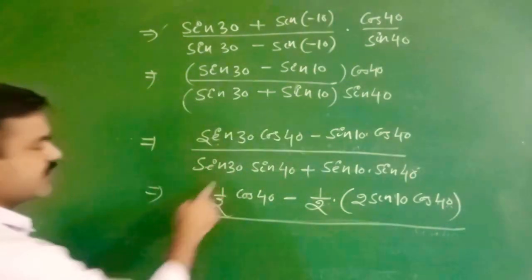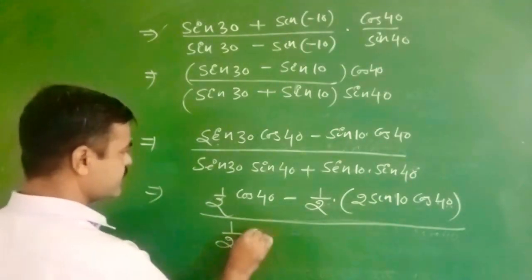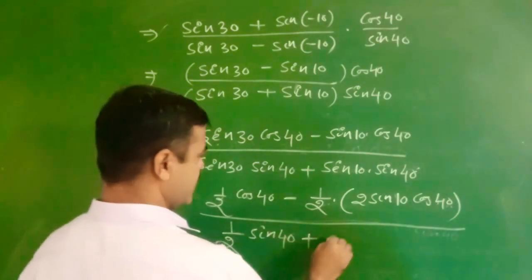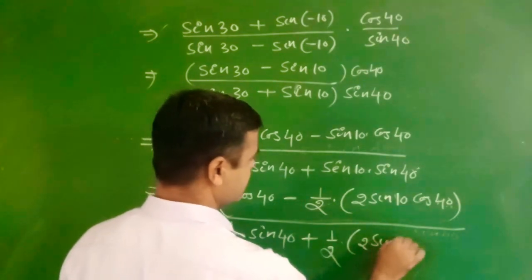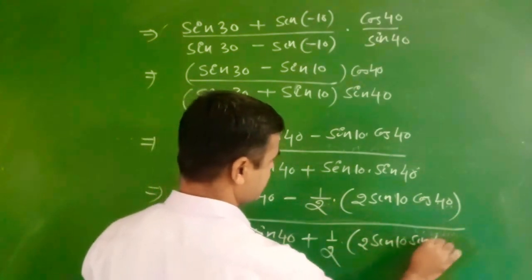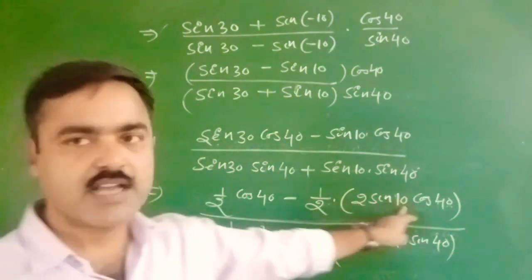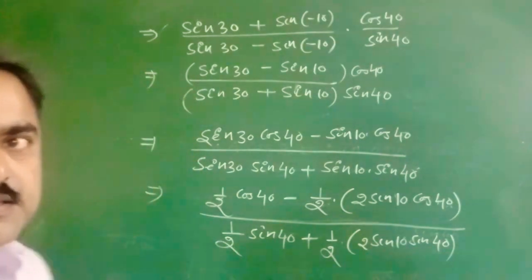And in the denominator sin 30 is 1 by 2. So this is equal to 1 by 2 sin 40 plus, rearranging this one, 1 by 2 into 2 sin 10 sin 40. This is of the form 2 sin A cos B, and this is of the form 2 sin A sin B.